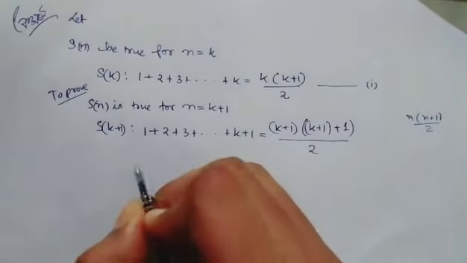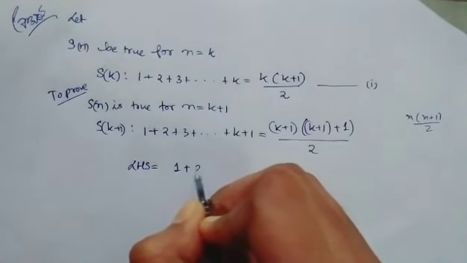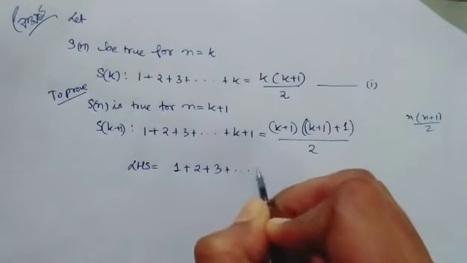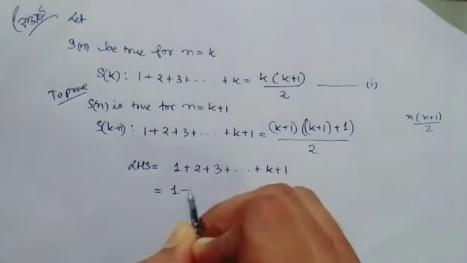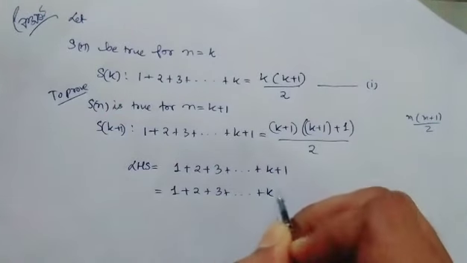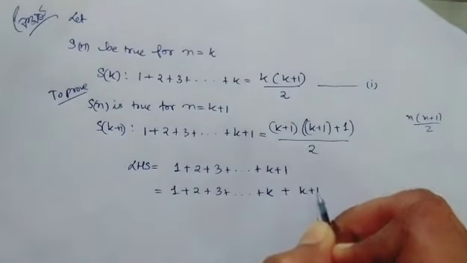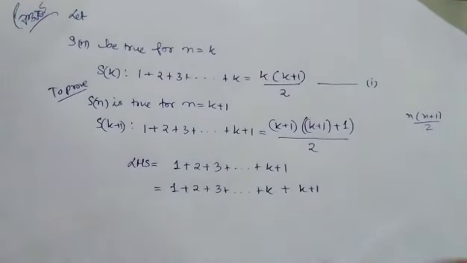So let us consider the LHS. What is the LHS? 1 plus 2 plus 3 plus dot dot dot plus k plus 1. In the next step we can write 1 plus 2 plus 3 plus dot dot dot plus k, plus k plus 1. You may wonder why I incorporated the term k. The k is actually within this summation.